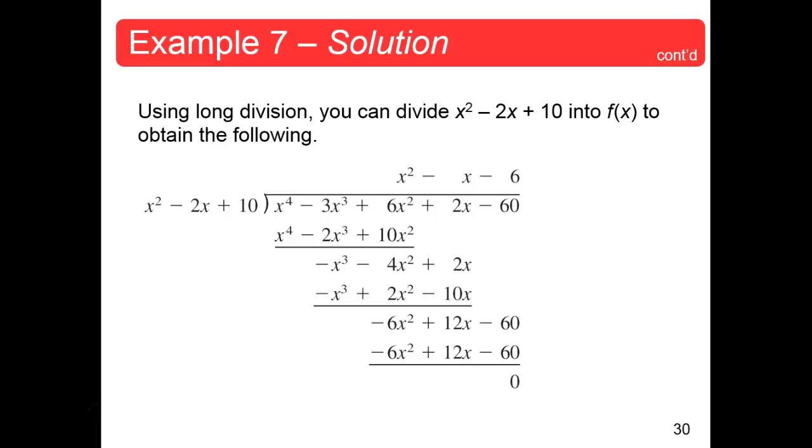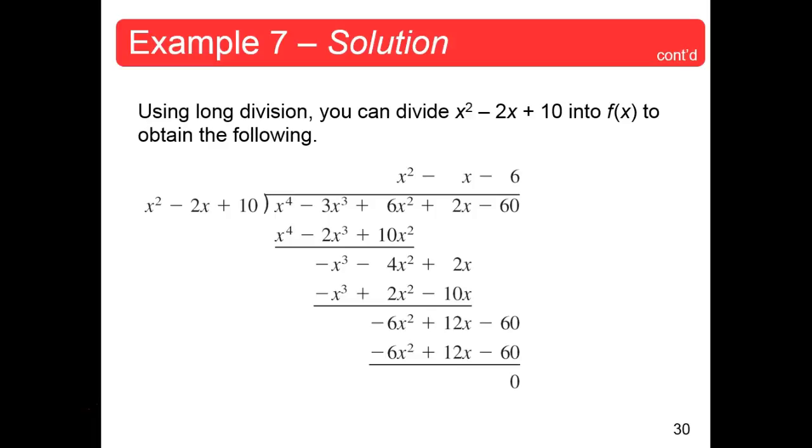Bring down the plus 2x. Divide now. X squared into negative x cubed, negative x times, that's why I like to have it over here, negative x times x squared is negative x cubed, negative x times negative 2x is positive 2x squared, negative x times positive 10 is negative 10x.